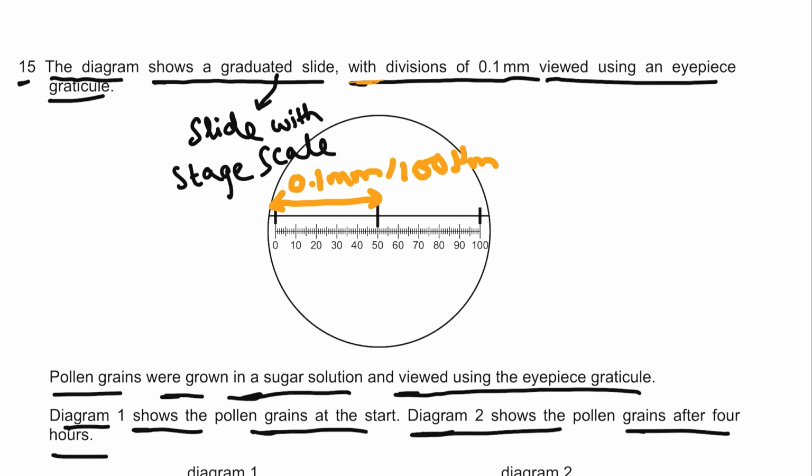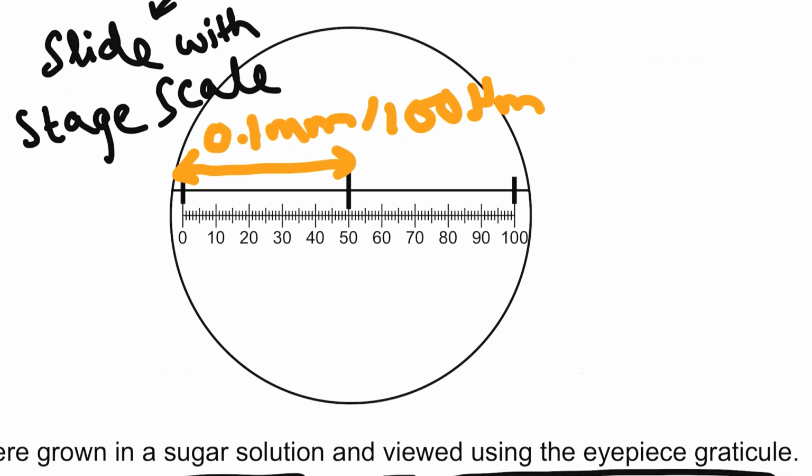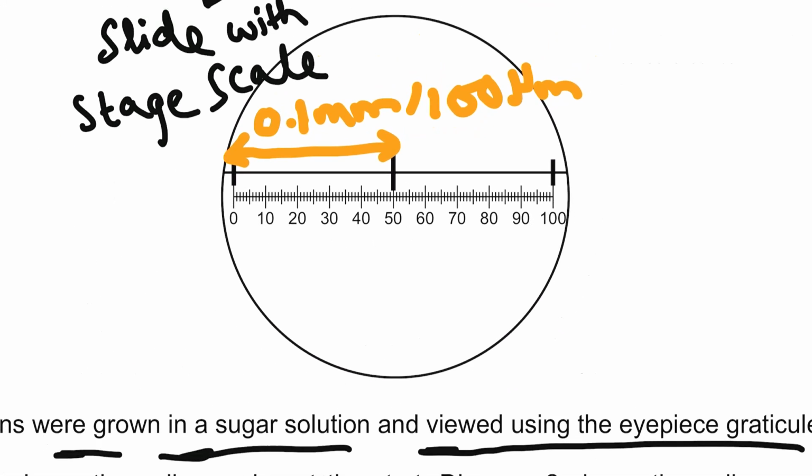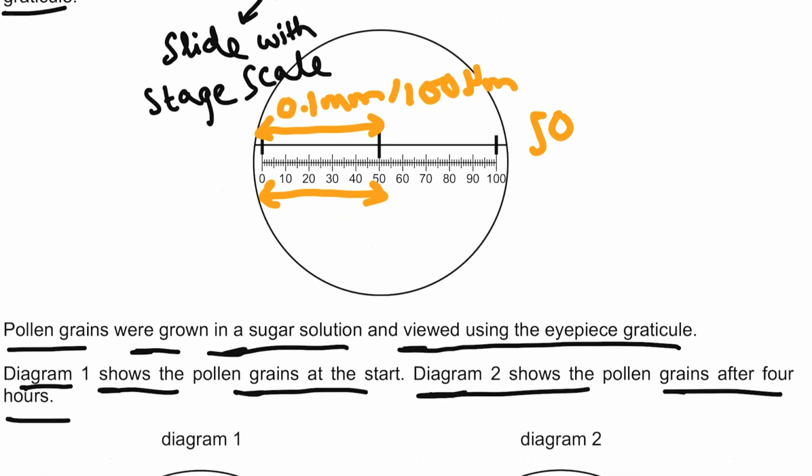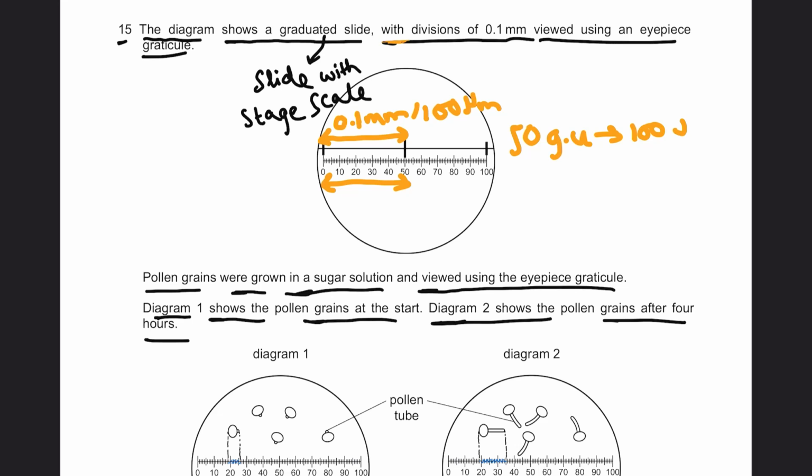So from these two scales that are matched with each other, we can see that 50 graticule units are equal to 100 micrometers.